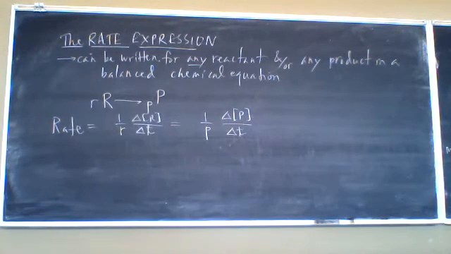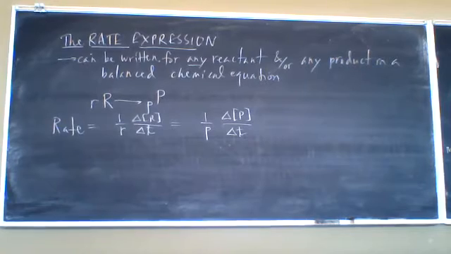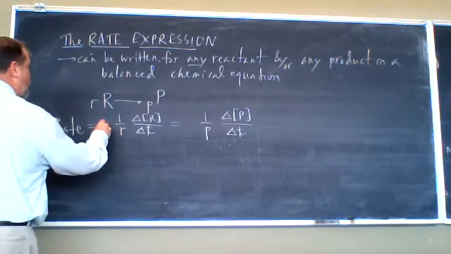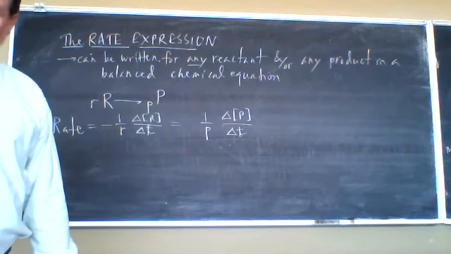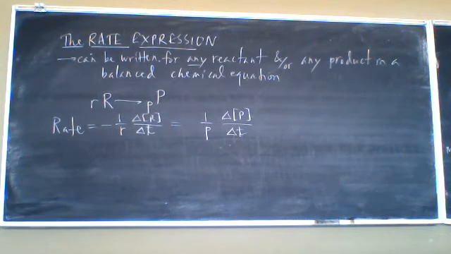Now there's one more wrinkle that we have to take into account. The reactant is disappearing. And so the rate of change for the reactant is going to have a negative value. But we always want the rate to be positive. And so if we put a negative sign in front of the reactant expression, then that will give us a positive overall value in the end.